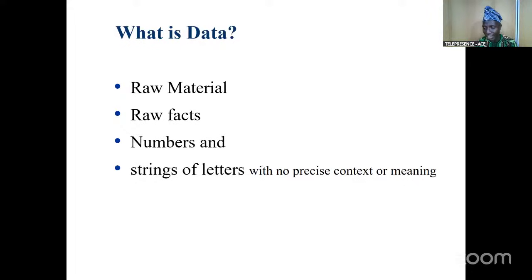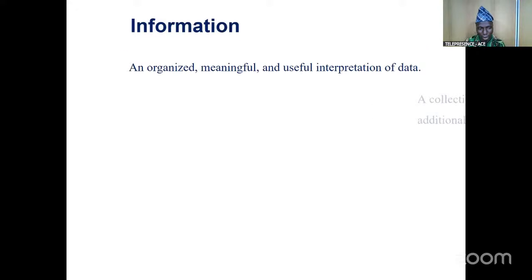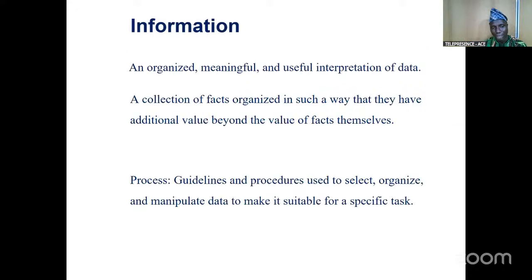For example, if I mention 70, 70 could be referred to as a raw data if I did not add any meaning to it. What is information? Information is data that has been added meaning to, an organized, meaningful, and useful interpretation of data.